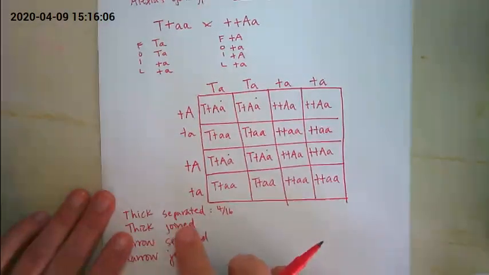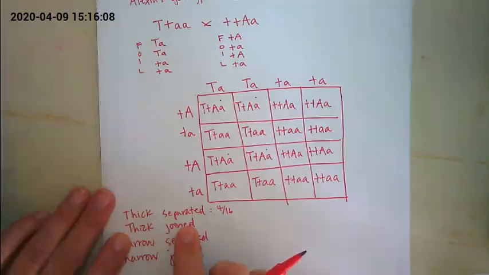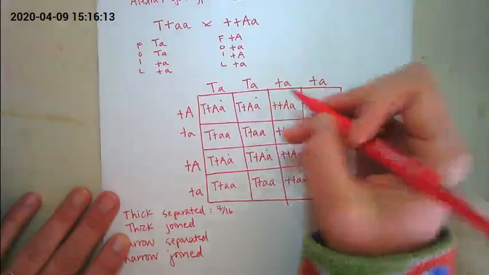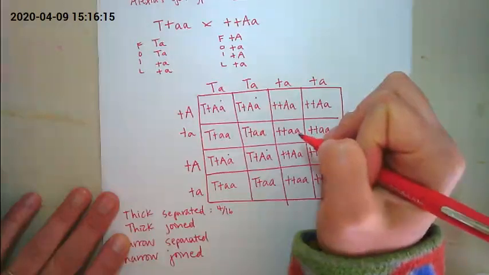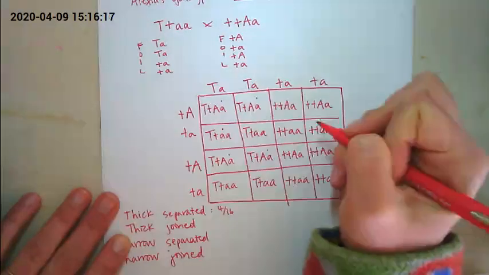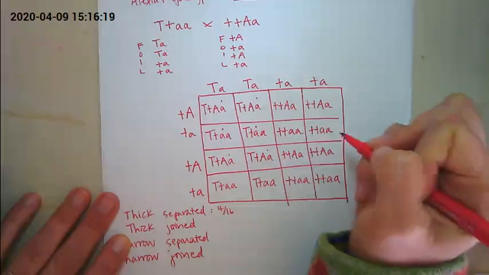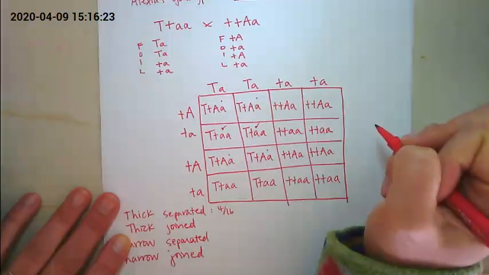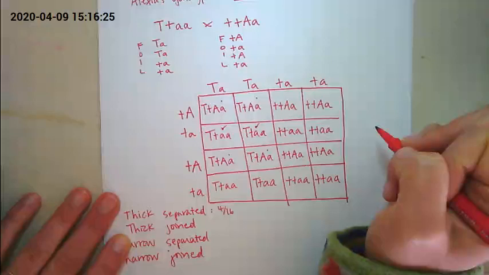To be thick and joined, you're still going to have a big T, but now you're going to have two little a's. That one is here and here. I'll do checks to keep track of that. Big T's, little a's.